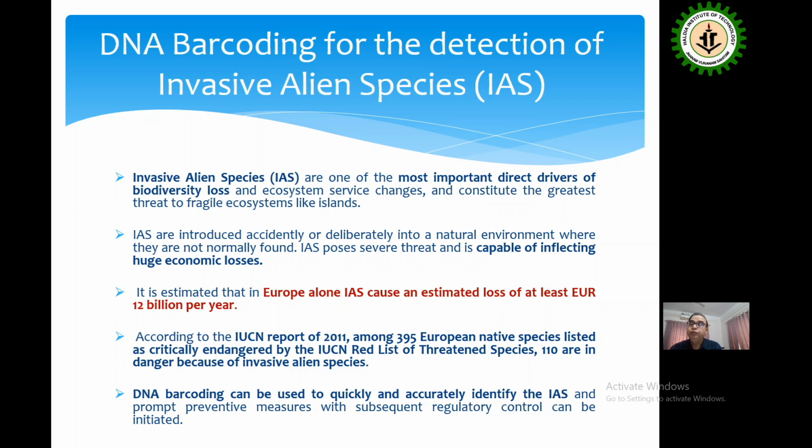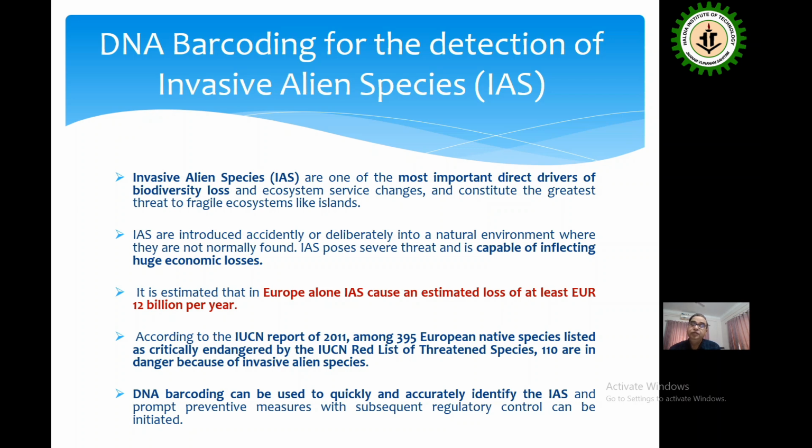For example, when the ships go from one international water, or like from Europe to Australia, and the ballast water is released, they contain some species. They may contain invasive alien species. These species, when they are released to the environment, become dominant over the native species.